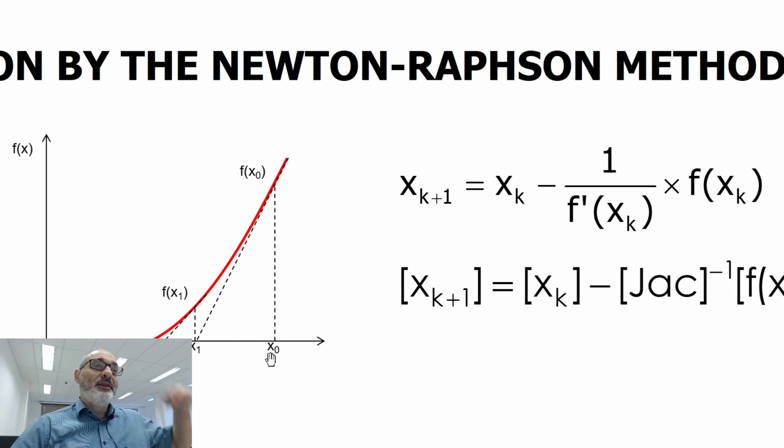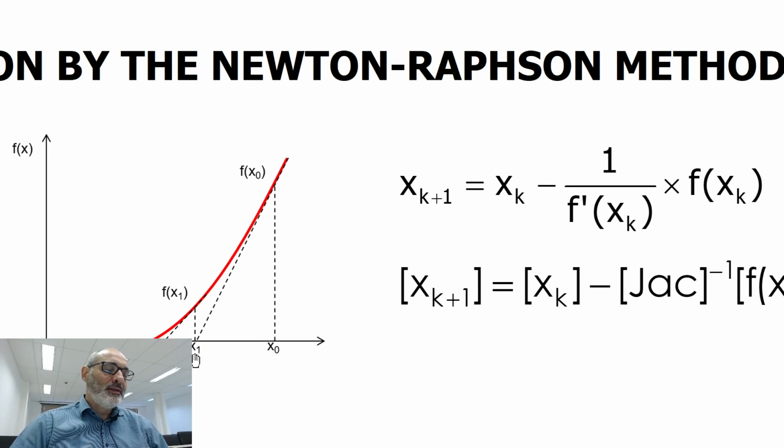So you start by estimating your solution. Then you calculate the value of the function f at this point, f0. Then you calculate the tangent line, and the root of the tangent straight line is your next x.